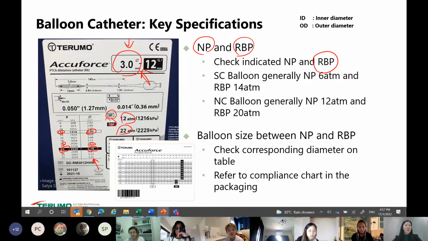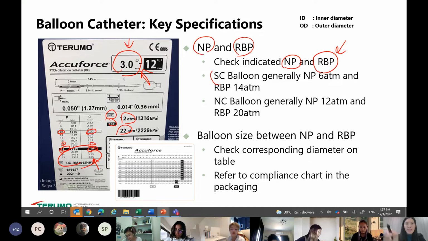It goes beyond my rated burst pressure for this balloon. So if I go beyond this, there's a very high chance that it will burst. So doctors will typically not do that. They will go up to the RBP. So NP is, you can say, the minimum pressure that you will use on the balloon, RBP the maximum.